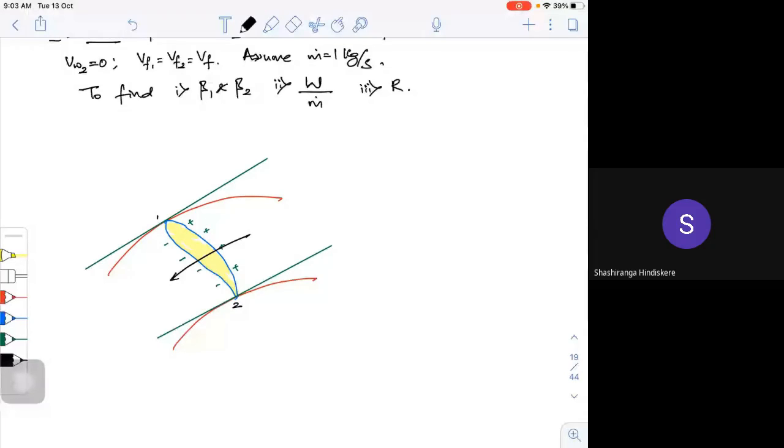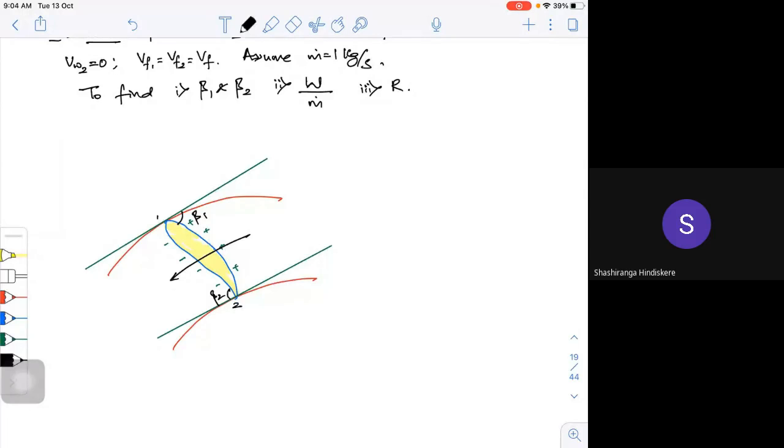That means your turbine will start rotating in this particular direction. Now, if I try to measure the blade angle, this is my beta 1 and this is my beta 2.